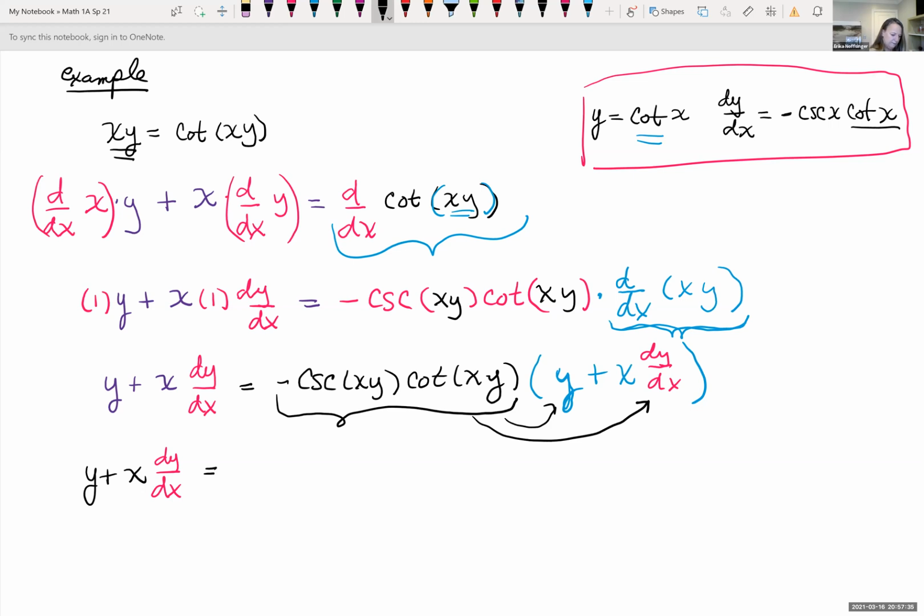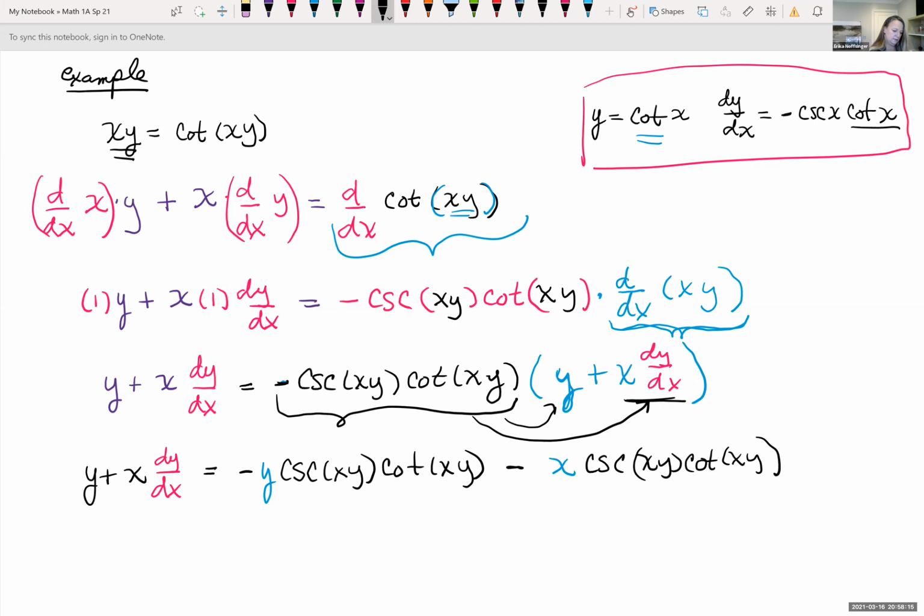So this is negative y cosecant xy, cotangent xy, plus, now distributing it to this next piece, I have x. And actually this is negative, so let's just change our sign out here to be a minus. x, and then we have the cosecant xy, cotangent xy, dy dx.